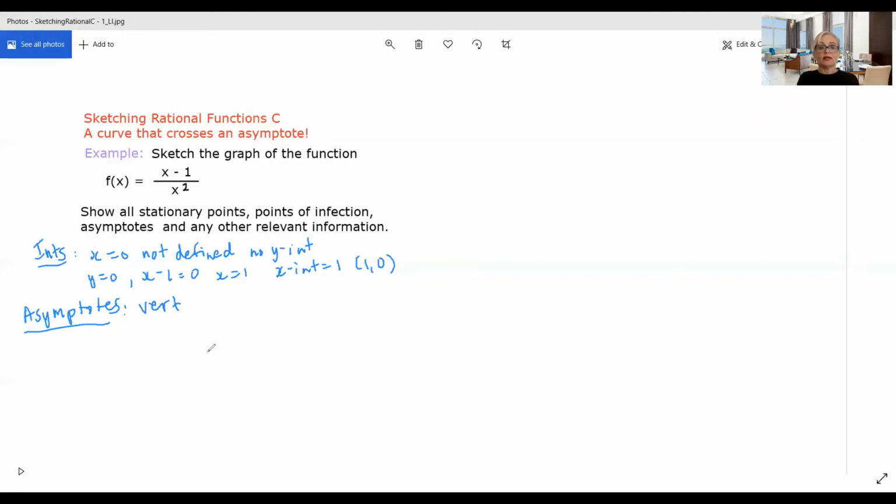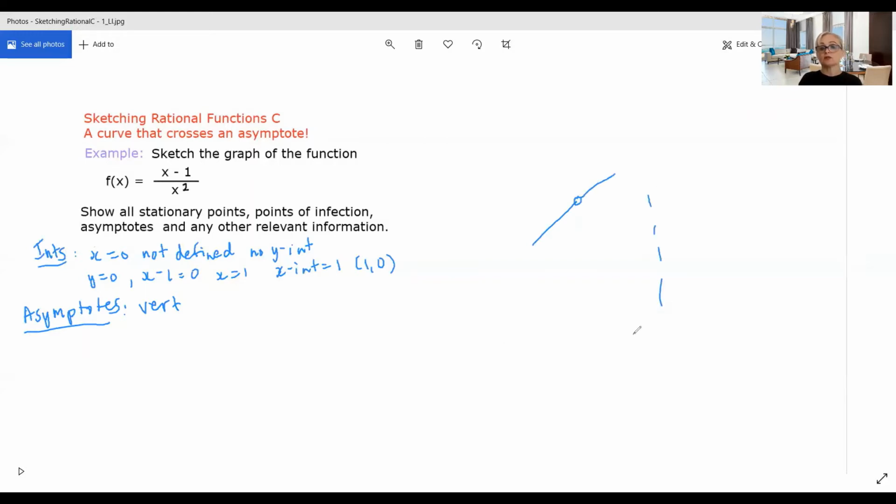So a vertical asymptote will occur when the denominator is 0 and the limit as you're tending towards that vertical asymptote from either side will be either infinity or negative infinity, or they're both heading towards negative infinity or both towards positive. All right. So we're not tending towards some hole in the graph like that.